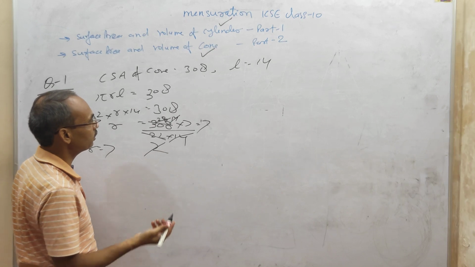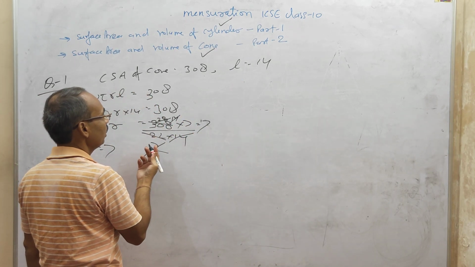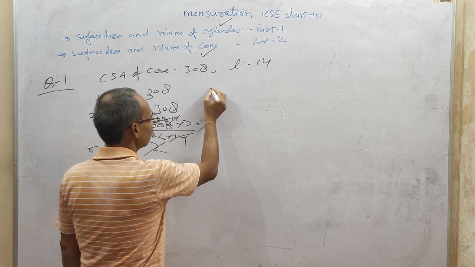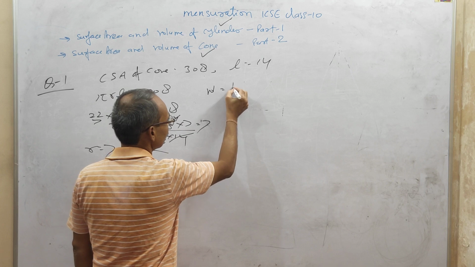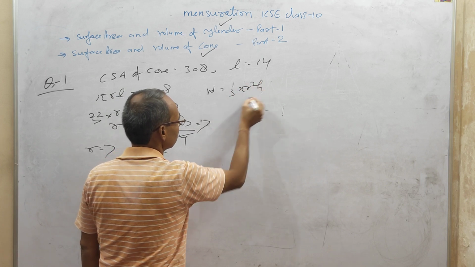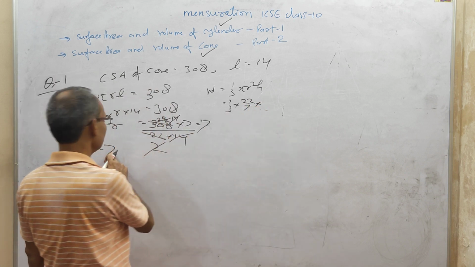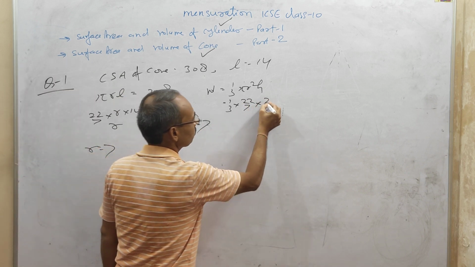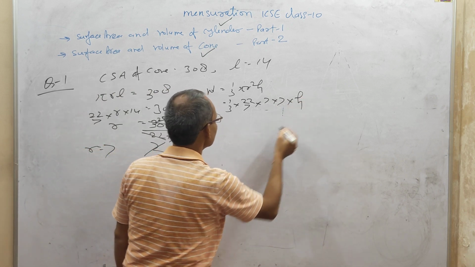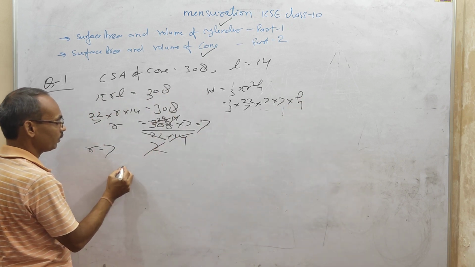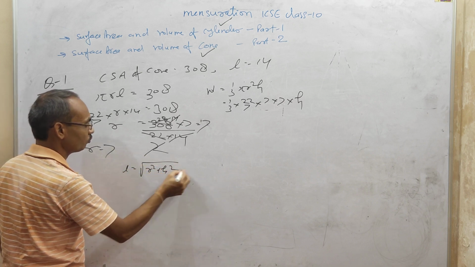Now you can easily get the total surface area by applying the formula, and the volume of the cone is 1 upon 3 pi r square h, 1 upon 3 into 22 upon 7, r is equal to 7 into 7. And how can you calculate the h? h can be calculated by the formula L is equal to under root r square plus h square.